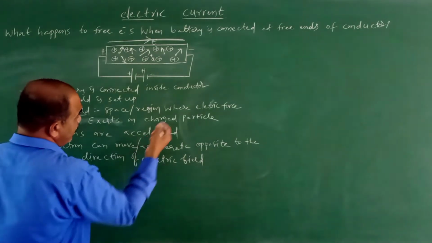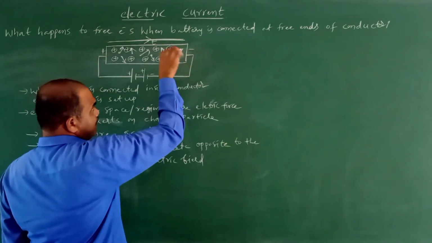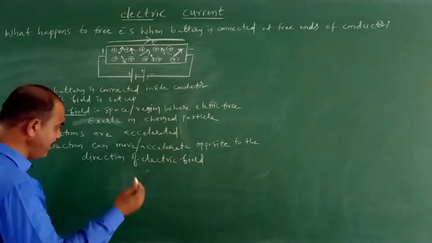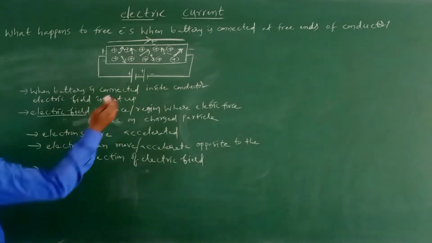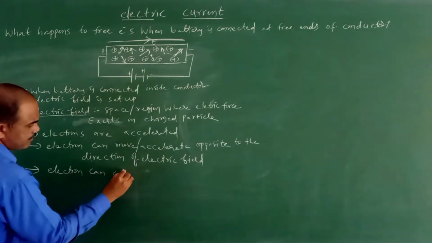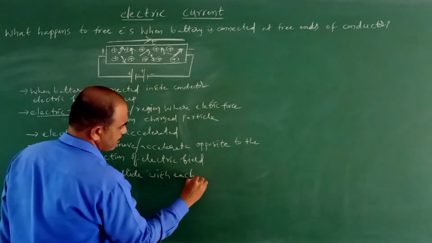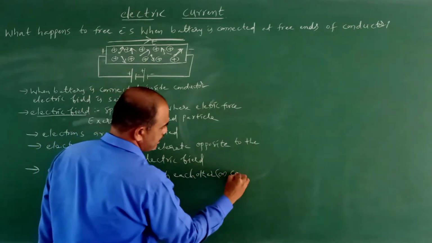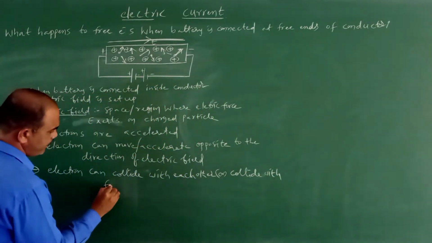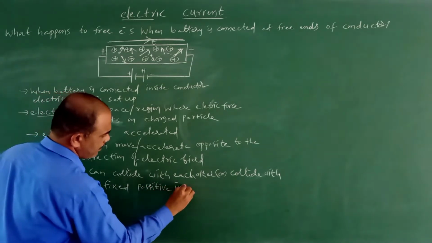When they are moving in the opposite direction of the electric field, what happens? They collide with each other, or they collide with the fixed positive lattice ions.